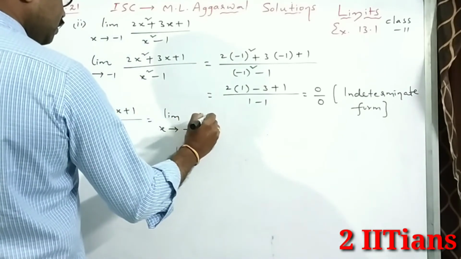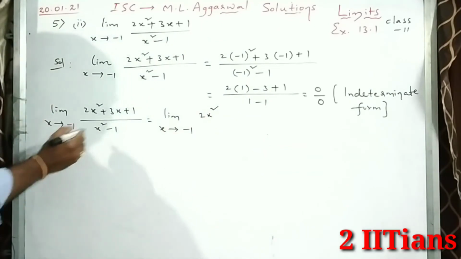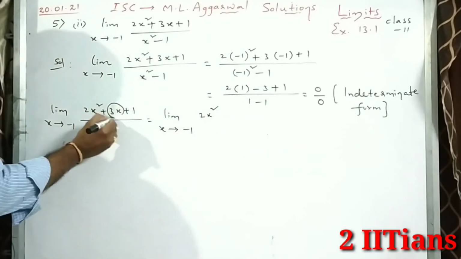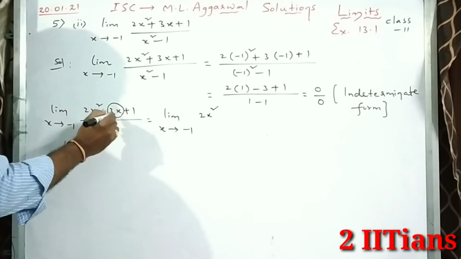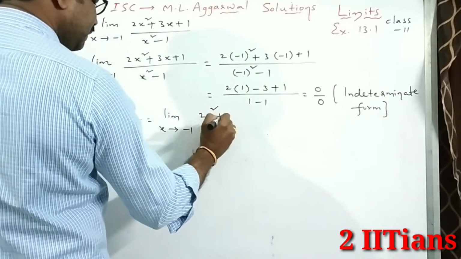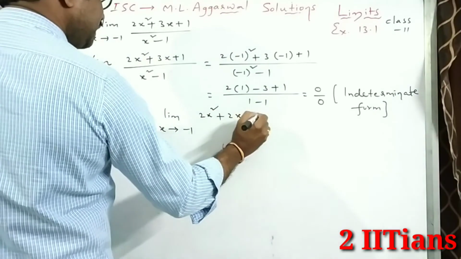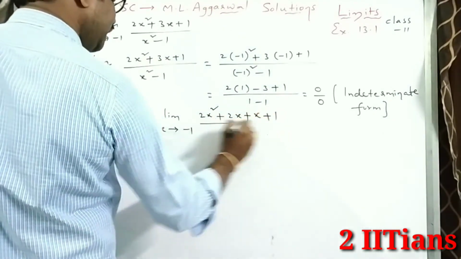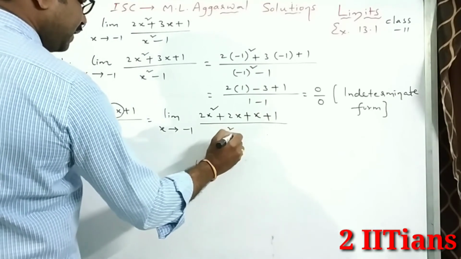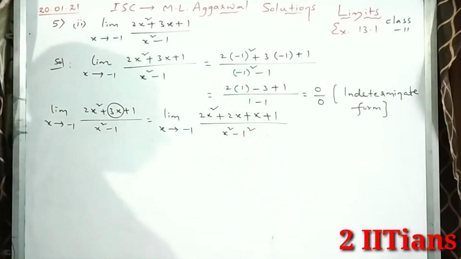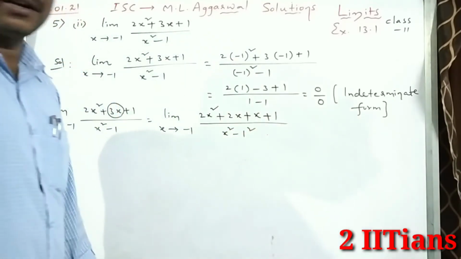Here, that 3x can I write as 2x plus 1x? Do you agree? And x square minus 1, can I write as x square minus 1 square? 1 square is also 1.